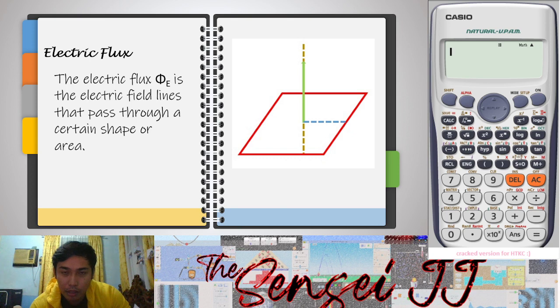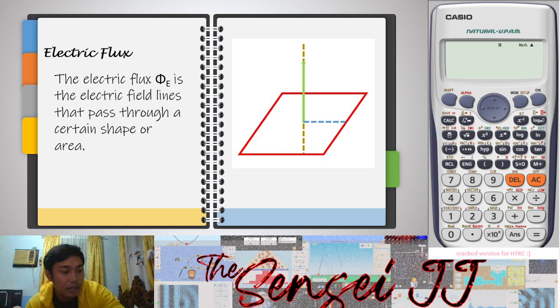The way we know it is perpendicular is the golden line, the yellow line, and the blue line. The field lines passing through, the green ones, are perpendicular to our square area.